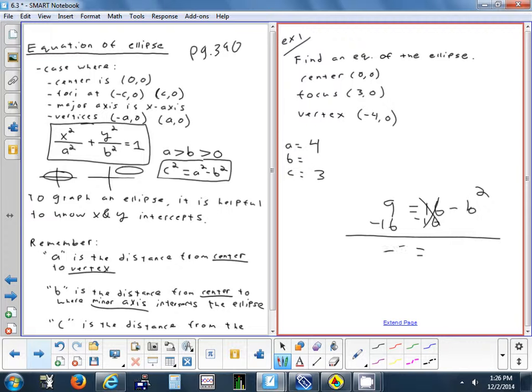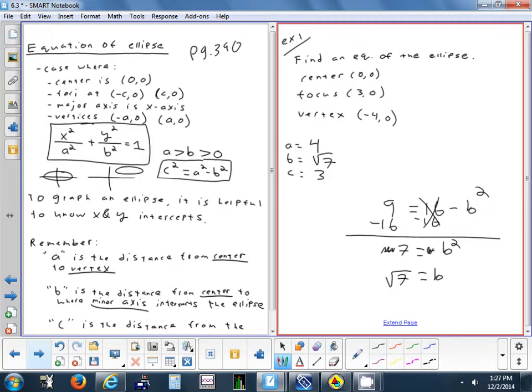Yep, negative 7 equals negative b squared. A negative on each side, you can cross out the negative. And how would you get b by itself? Square root. So now we got b.